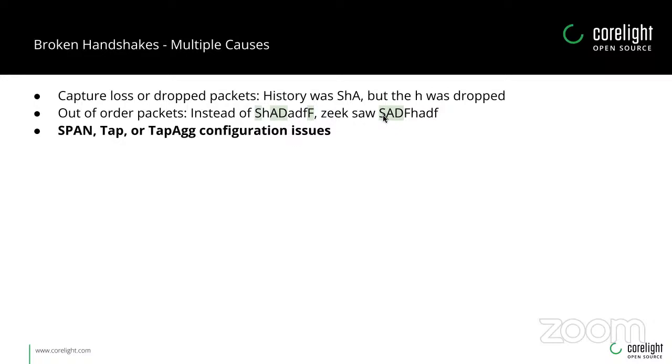So this didn't start with the normal three-way handshake, but the packets were there, right? We still did see both sides of the connection. But the third cause, and what this talk is really focusing on, is you can have issues with span port configuration, tap configurations, or TAP aggregator configurations. And those will cause this across the board.